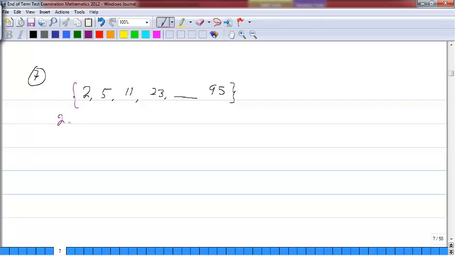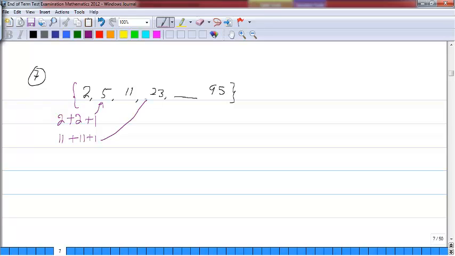So 2 plus 2 plus 1 gives me 5. Then 11 plus 11 plus 1 would give me 23.